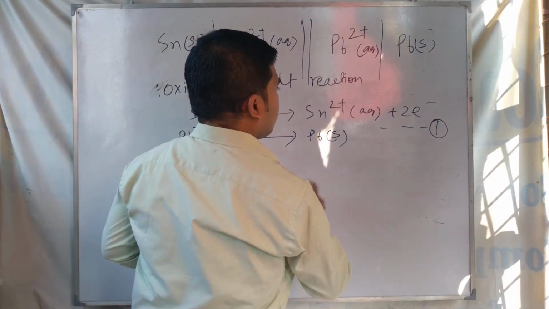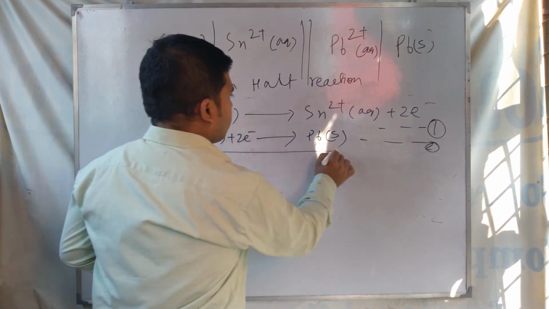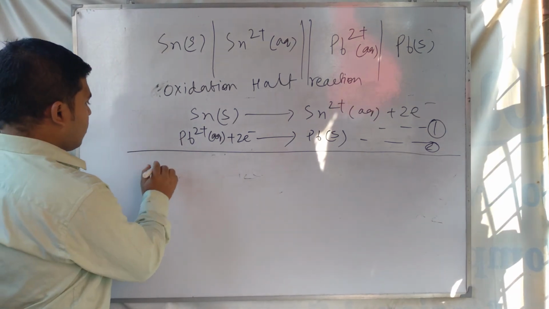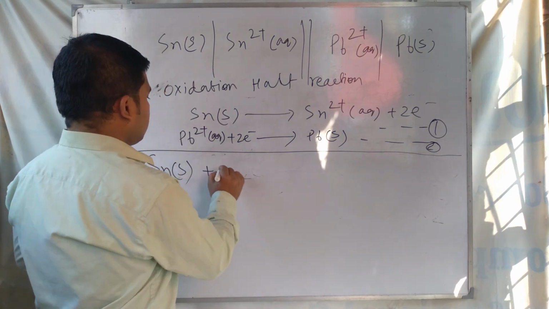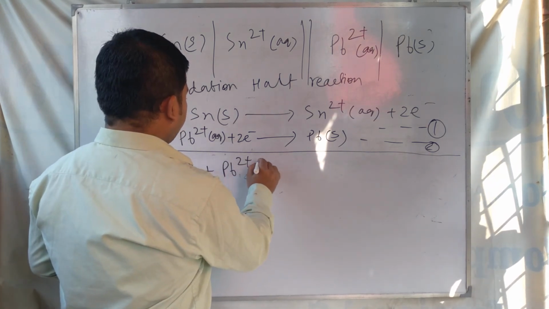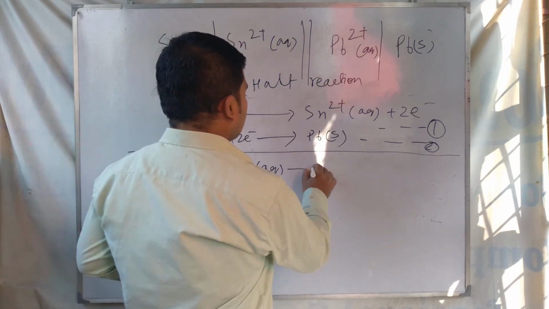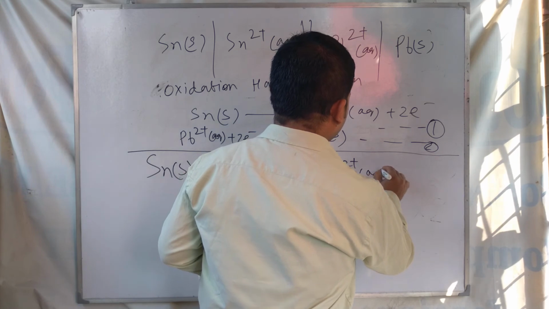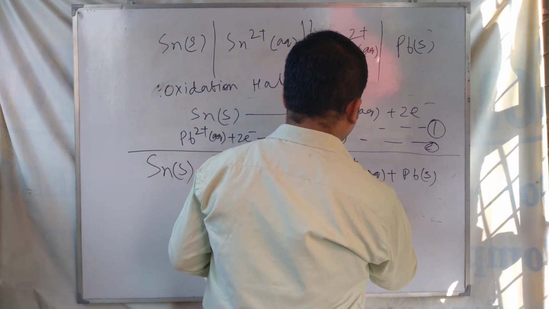This is equation number 2, okay, and we make the sum of these two equations. After making the sum, what do we get? Sn solid plus lead 2 plus aqueous plus 2 electrons to Sn2 plus aqueous and lead solid plus 2 electrons.